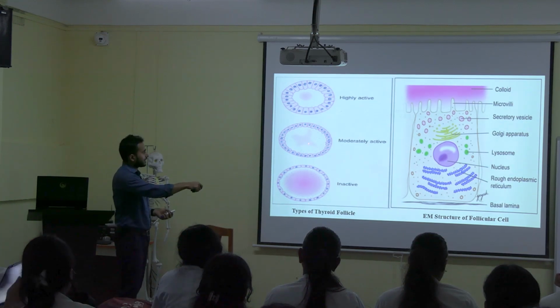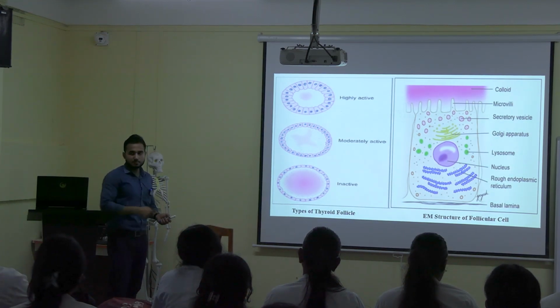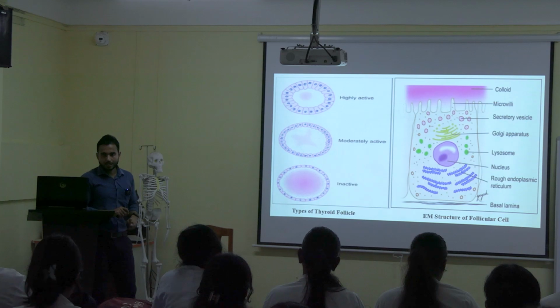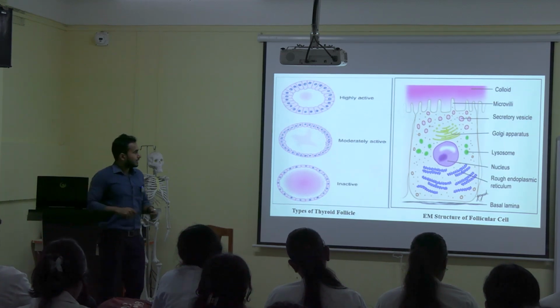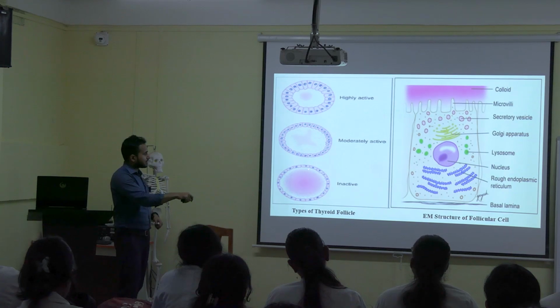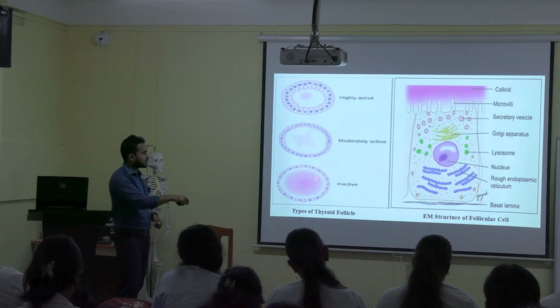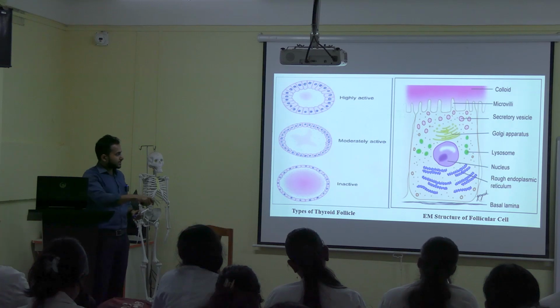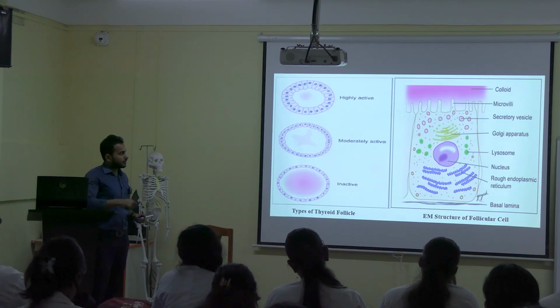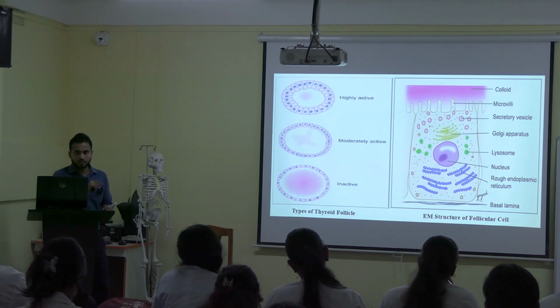Next, this is moderately active. So what will be the lining epithelium? Simple cuboidal, and some amount of colloid is present. Okay. Next, if you see the inactive one, simple squamous epithelium, and a huge amount of colloid is present. Okay. Next, here you can see the EM structure of the follicular cells. So this is very important.